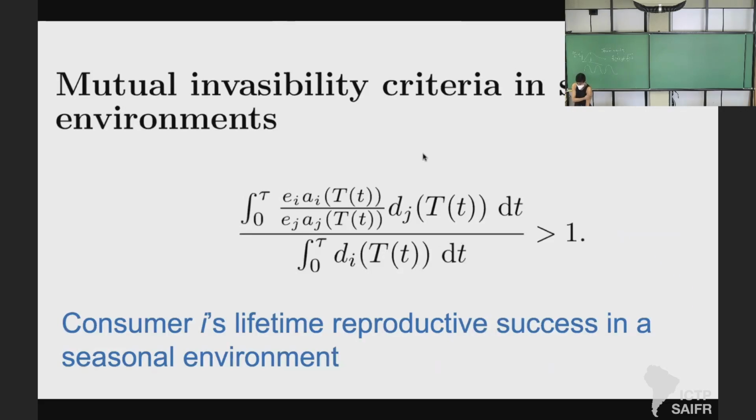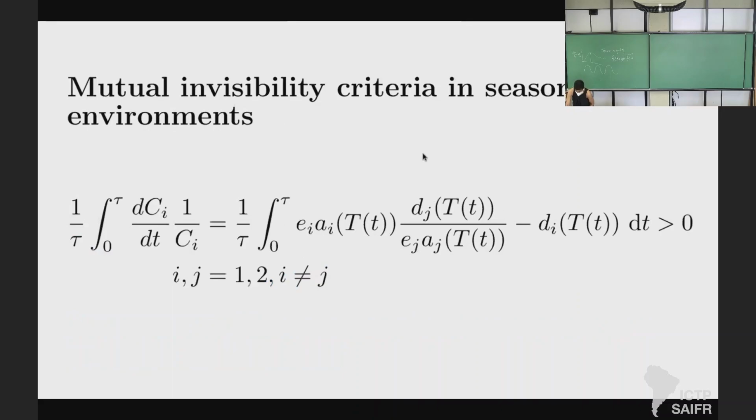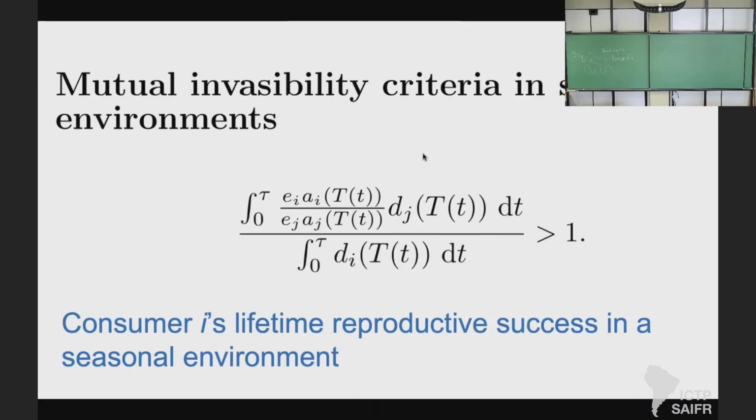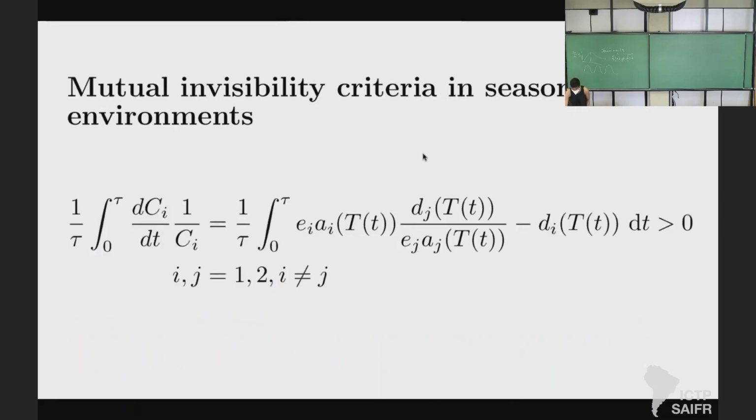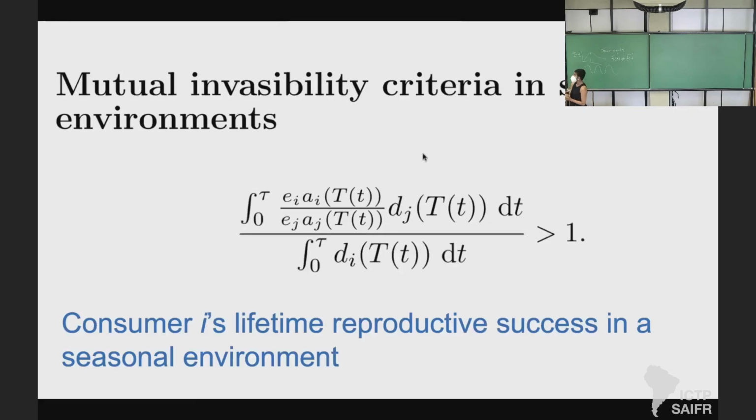Now, if you rewrite the right-hand side, you can write it like this, because you know that this integral can be separated out. We can rewrite this as the integral of this and the integral of this, and you do some rearranging, and you can get this.